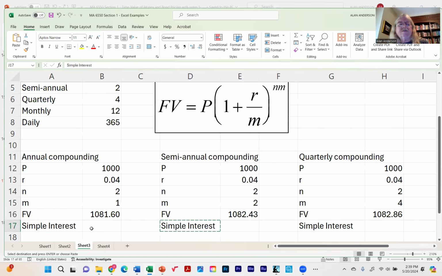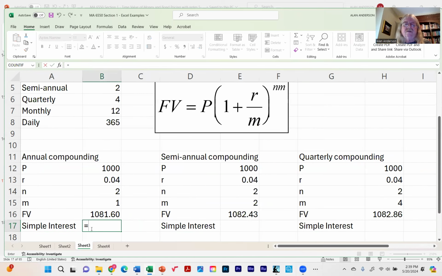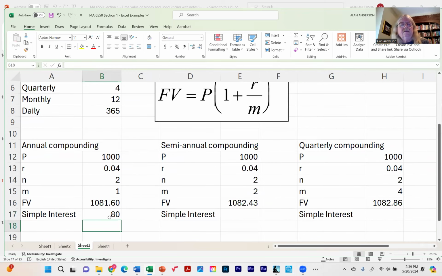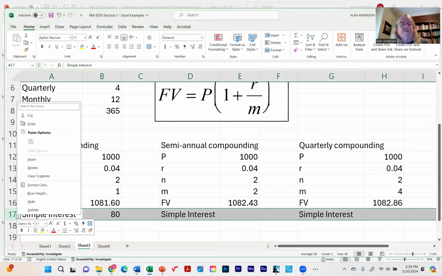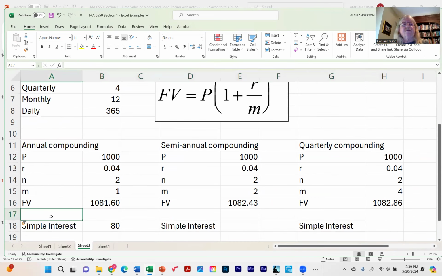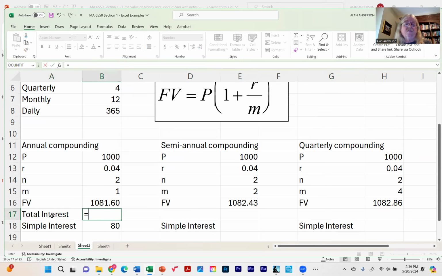So in this case, the simple interest is $80 because it's 4% times 1,000 times 2 years. So actually, I'm going to put total interest first, because it'll be easier this way, which is, as we saw before, the future value minus the present value.